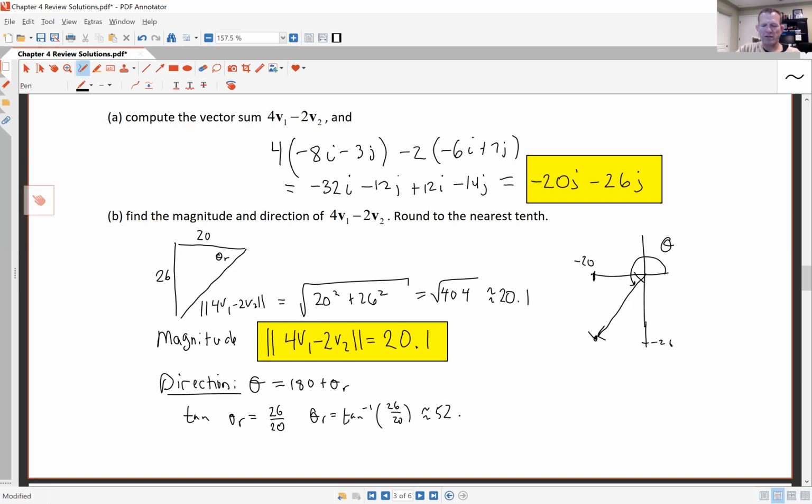We'll use 52.4 degrees. And now theta, or the direction, is 180 plus 52.4, which is equal to 232.4 degrees.